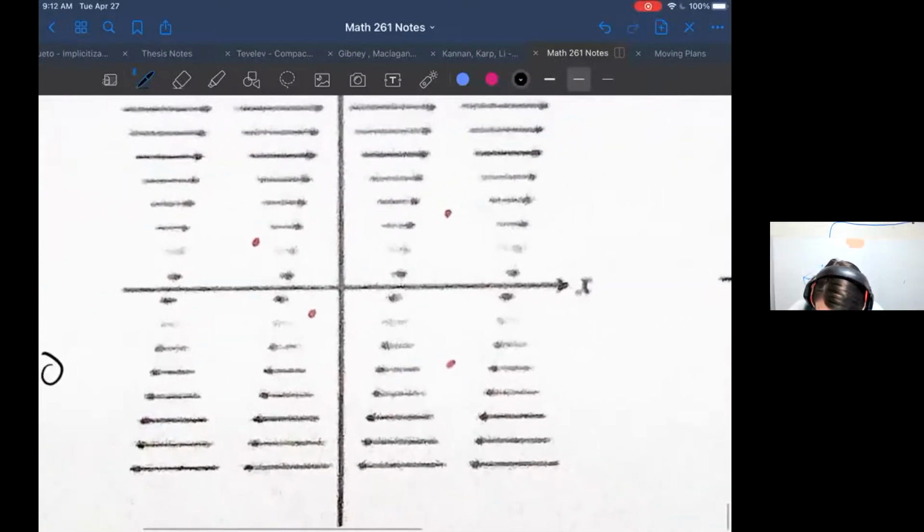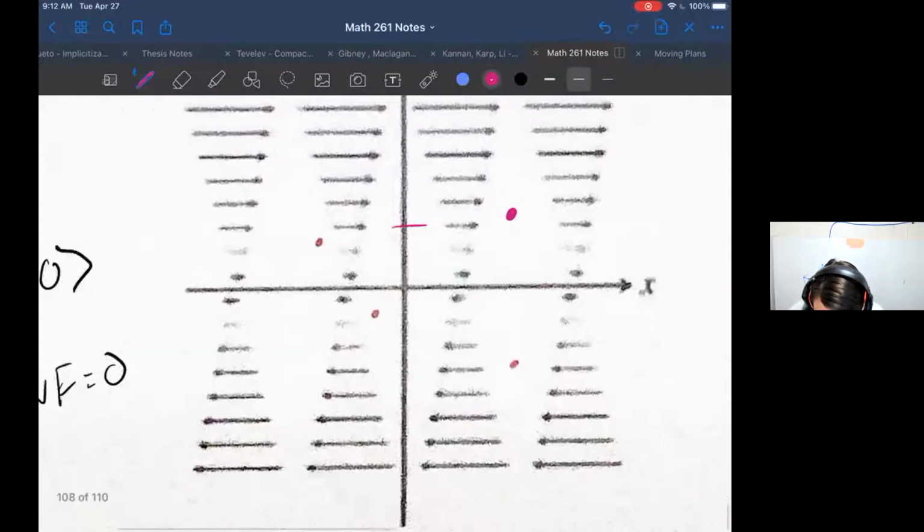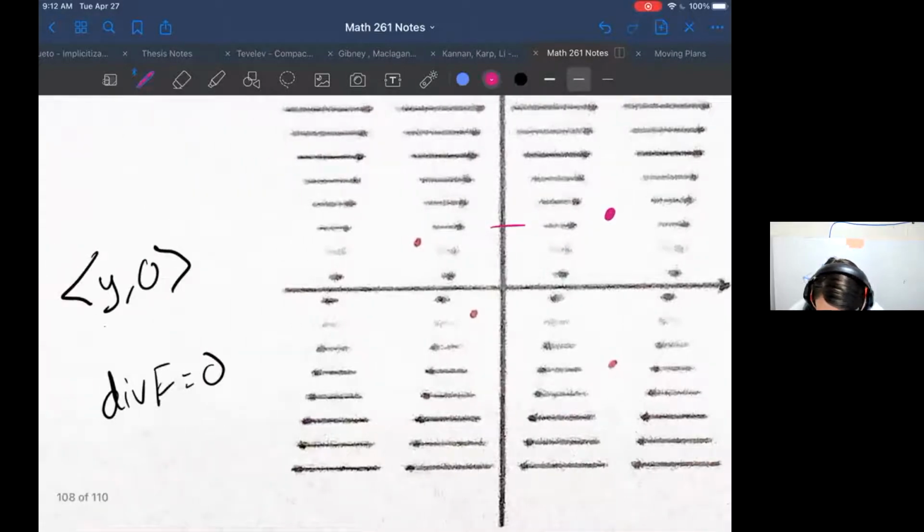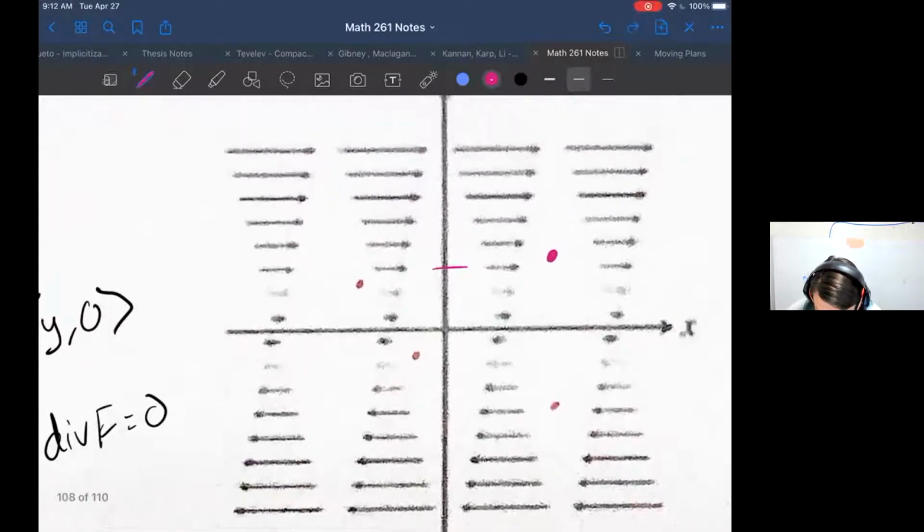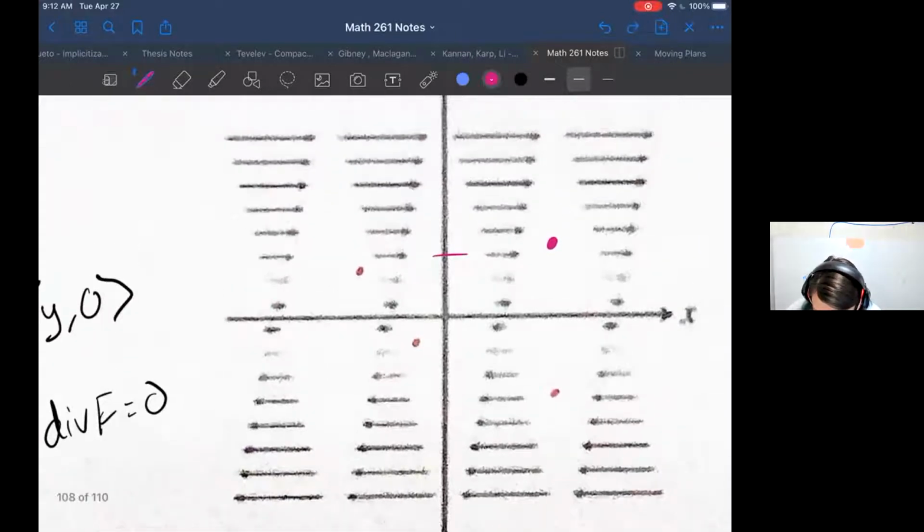If we zoom in here and take any of these points, so this point here, what's going on is that if you pick any fixed y value, your vector field is pointing at that rate. The larger the y values, the longer the vectors. The smaller the y values, getting close to 0, the shorter the vectors.